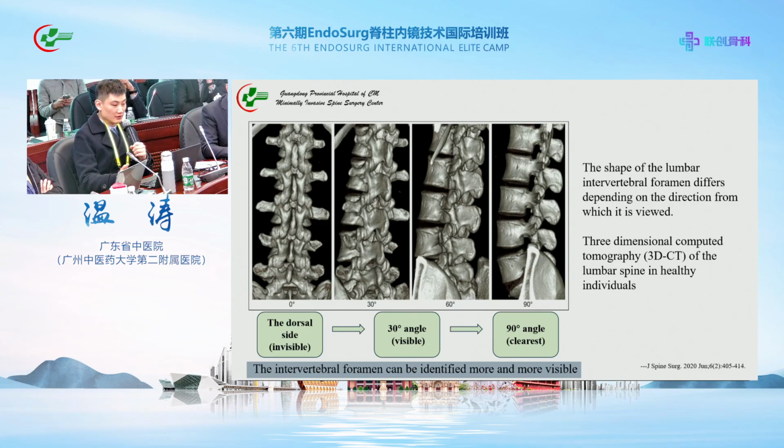From the dorsal side, you cannot see the intervertebral foramina, but when you rotate a little, about 30 degrees, you can see the foramen. At 90 degrees, we will see the foramen as a very big space.